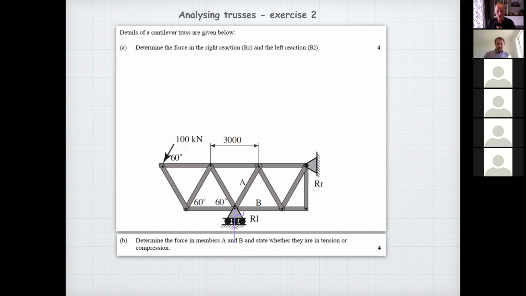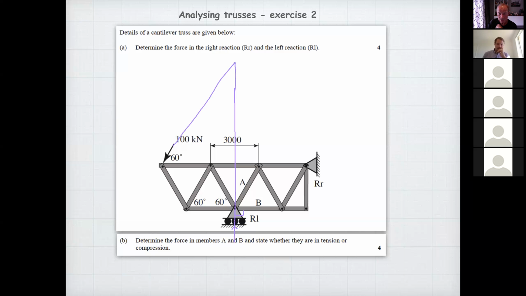I just want to go through the 3-force rule. If 3 forces are acting on a body and the body's in equilibrium, the 3 forces will all pass through the same point and they'll be concurrent. So by the principle of transmissibility, and I'm just doing this freehand, you can just project that up there, project that up there, and where the 2 forces meet, there's our point of concurrence.